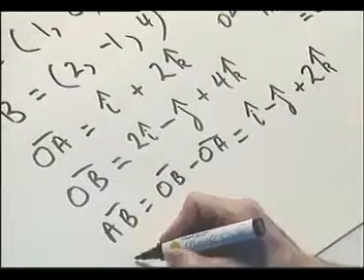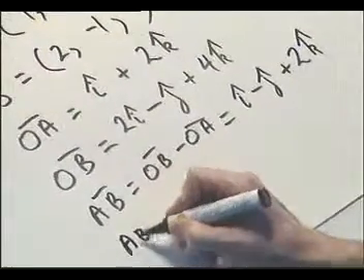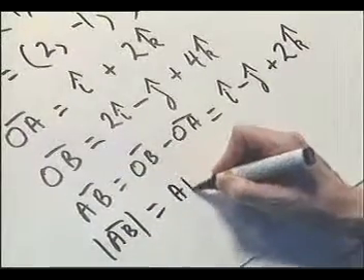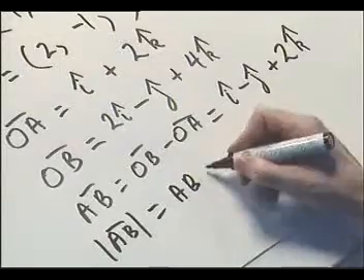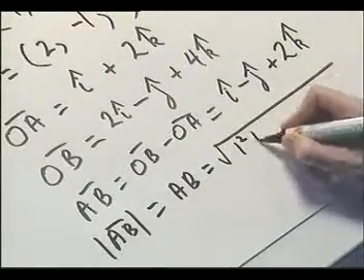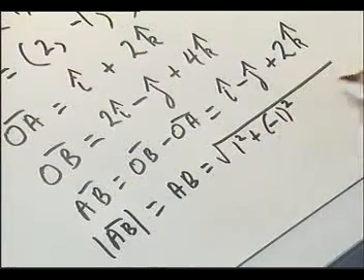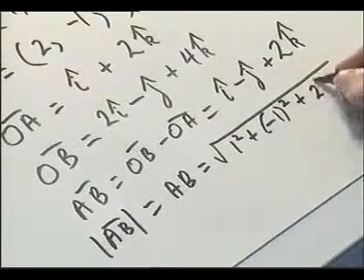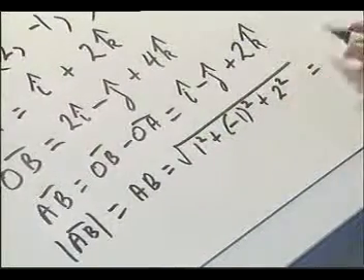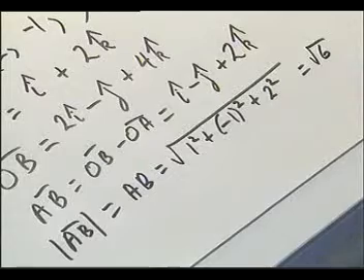We can calculate its magnitude. The modulus of AB bar, that's just AB, the length from A to B, and that's the square root of 1 squared plus minus 1 squared plus 2 squared. And altogether, that's 1 plus 1 plus 4, square root of 6.